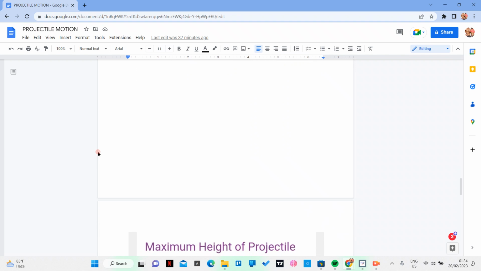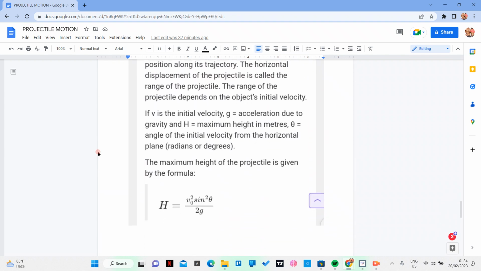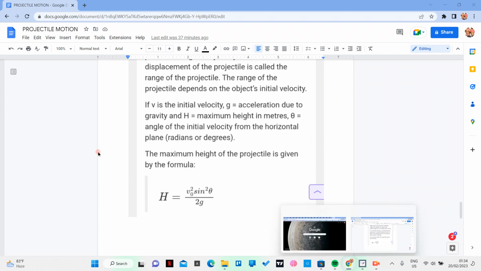Now moving forward to maximum height. This might be a little bit tricky, but it's not tricky per se.